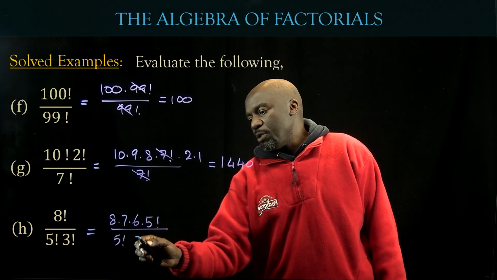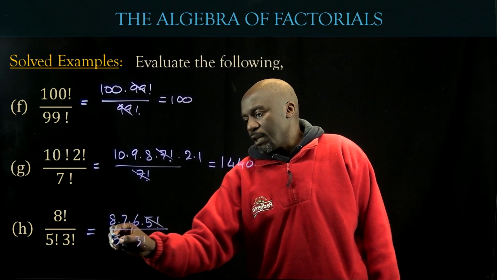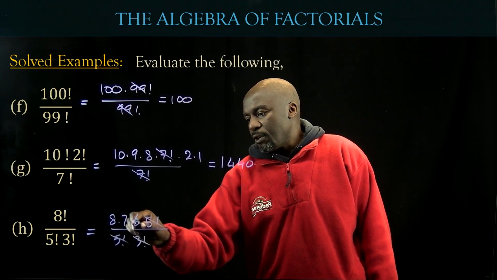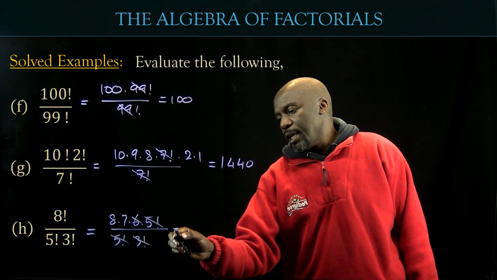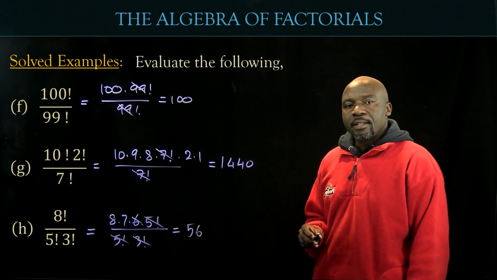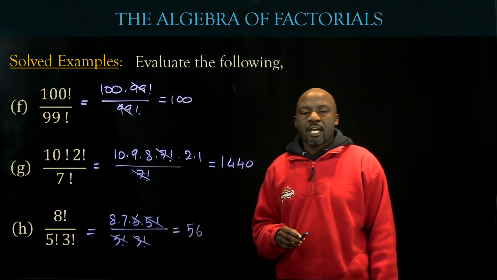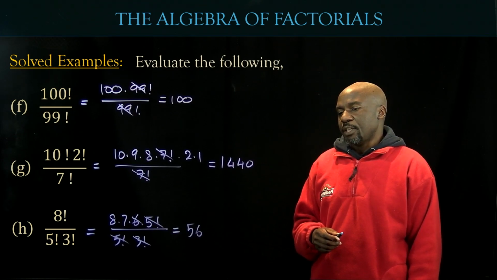And then this is going to be 3 factorial. 3 factorial is 6. So 5 factorial can cancel with that, and 3 factorial is 6. I'm left with 7 times 8, which is 56. And therefore, 8 factorial divided by 5 factorial times 3 factorial is nothing but just 56. Okay?